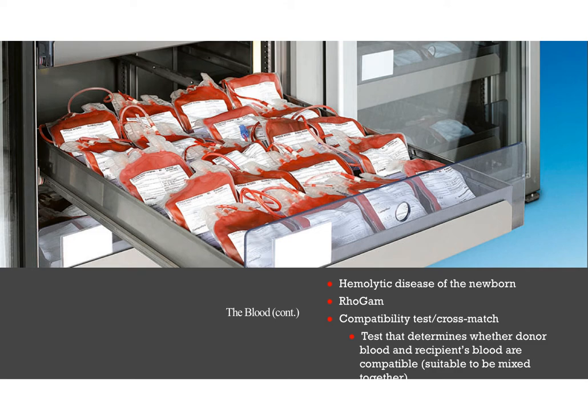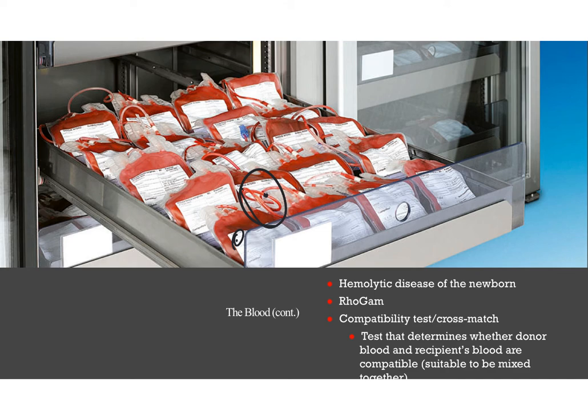Okay, and the way that they do this, I used to work in blood bank in the lab, and the way that we do this is we will run the blood typing, find out what their blood type is, and then we take, if you look on these bags up here, there's these little pieces right here, and each of those have a corresponding number on that little tube that corresponds to the bag.